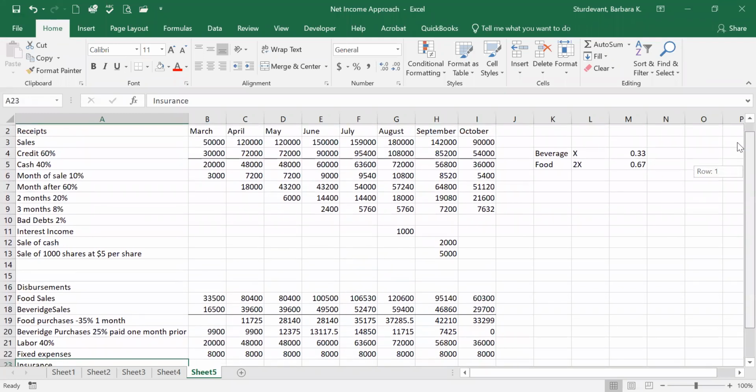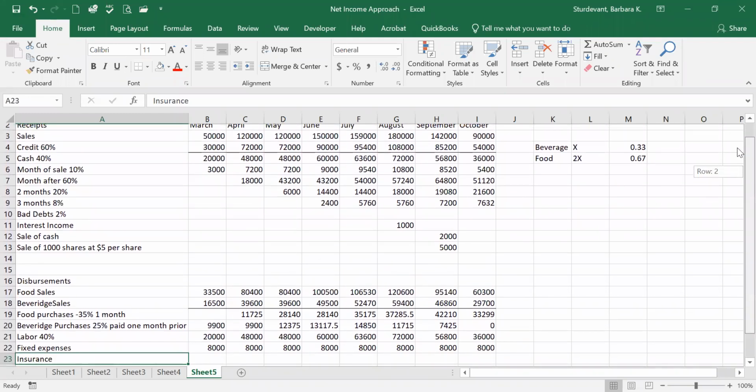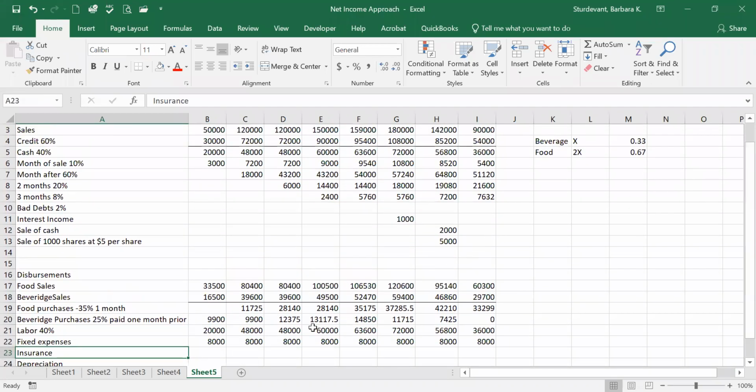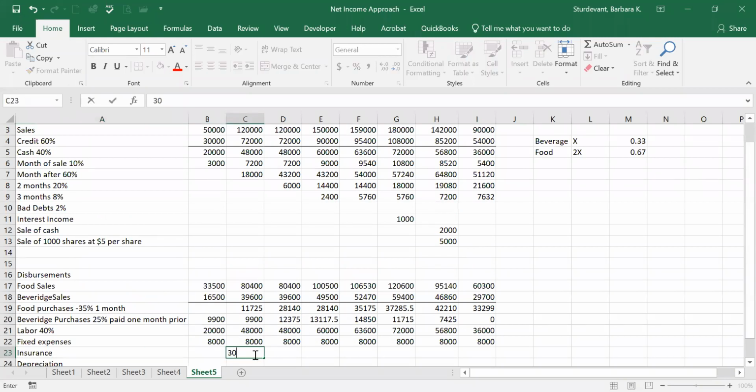We would put $3,000 in April, July, and October, because that's when it's paid.